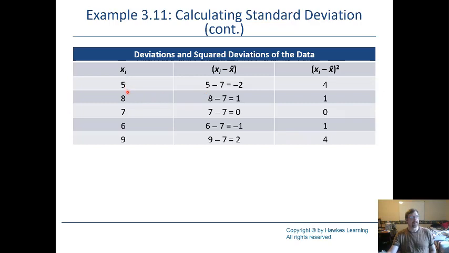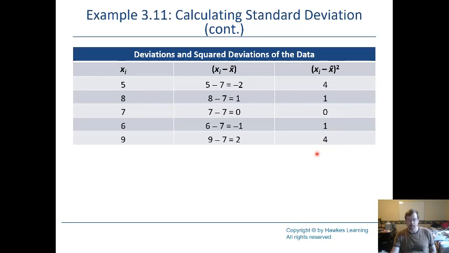Here's each of our 5 sample points, or data points. There is that difference between each data point and the mean. It's data value minus mean, -2. Square that, 1, square that, 0, square that, etc.